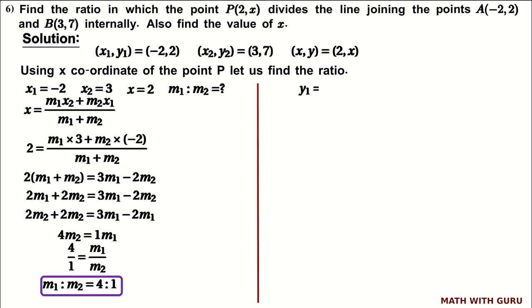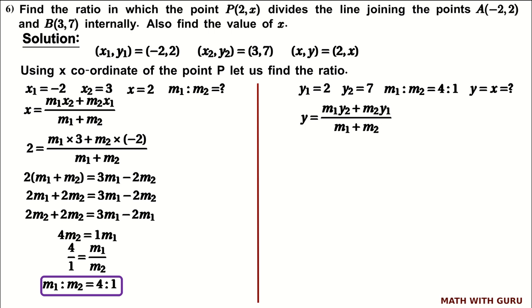Now, y1 equals 2, y2 equals 7, m1 is to m2 equals 4 is to 1. We need to find y, that is equal to x. y equals (m1 y2 + m2 y1) divided by (m1 + m2).